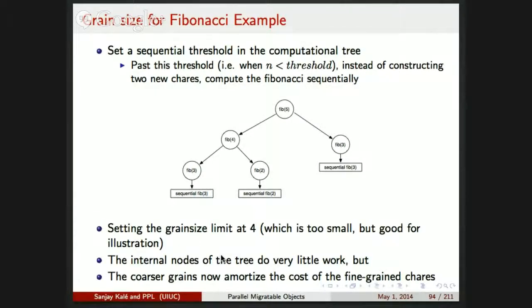You can decide that after 4, or let's say 10, I'm not going to spawn new tasks, because given the overhead I'd incur in spawning a new task, I might as well compute it sequentially myself and respond to my parent. So you stop the tree from forking new tasks at a certain point. You will have to determine the right point. You don't want it to be too big and you don't want it to be too small either.